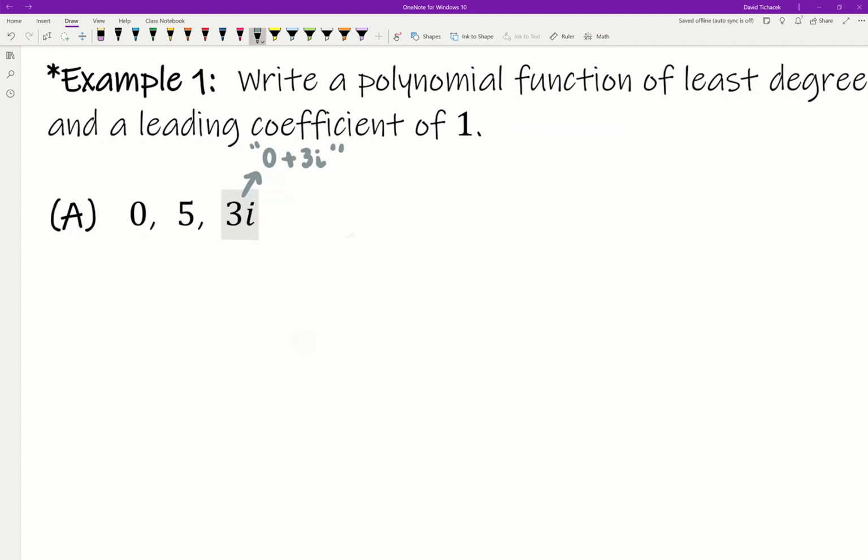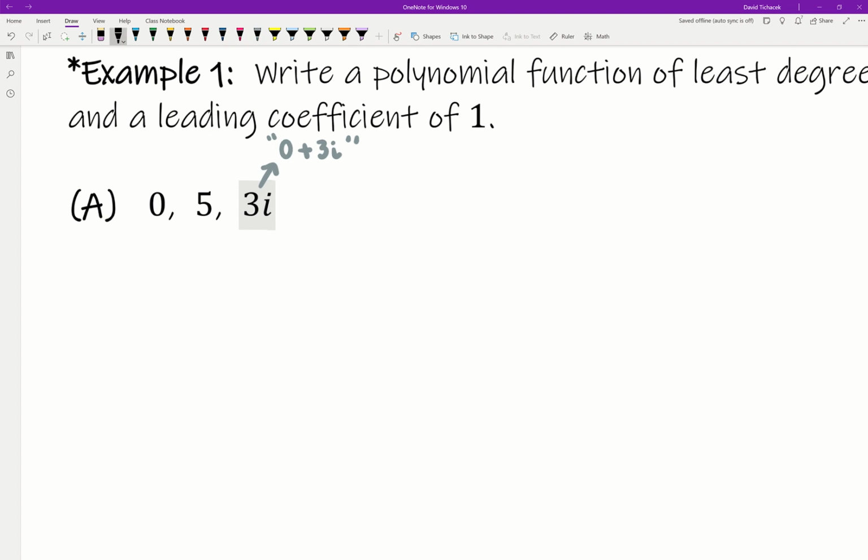If that's the case, then according to our new theorem, we have a fourth zero in this list, and that is simply the conjugate of the complex number we were given. If it reads 0 plus 3i, the complex conjugate reads 0 minus 3i. Remember, the only thing that changes is the operation in the middle. That reduces down to negative 3i, and that is the fourth zero in our list of all the zeros.